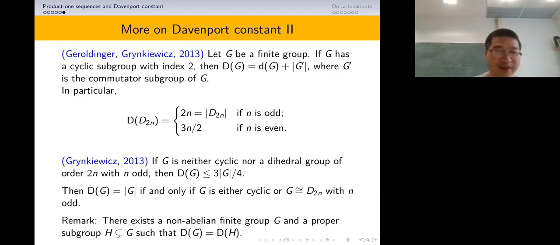Here is a remark: if G is a linear group, then for any proper subgroup, the Davenport constant of the proper subgroup is strictly smaller than the Davenport constant of G. But if G is non-linear, there exists a proper subgroup H such that the large Davenport constant of G equals the large Davenport constant of H.